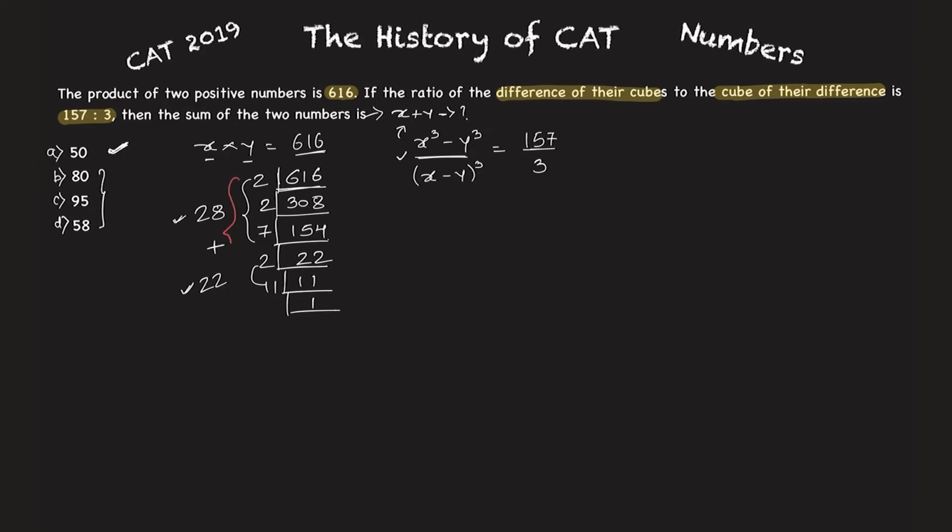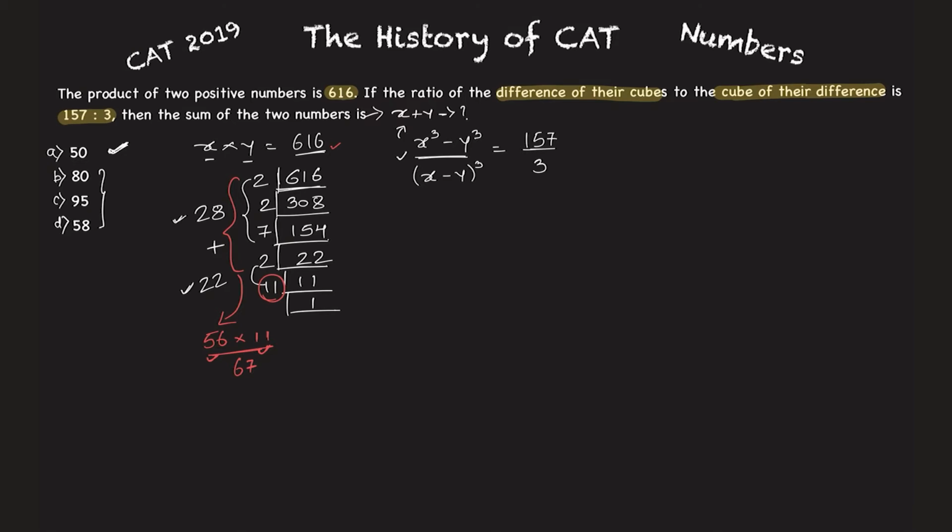If I take this 4, it forms 56, and the next number is 11, which is left here. If one number is 56 and the other is 11, 56 into 11 is 616, and 56 plus 11 is 67. I don't have 67 as an option here, which tells me 50 could be the answer.